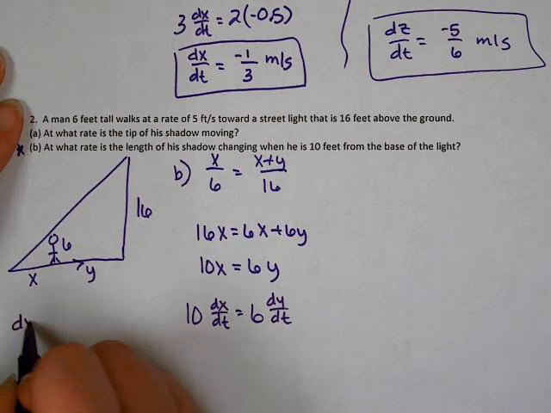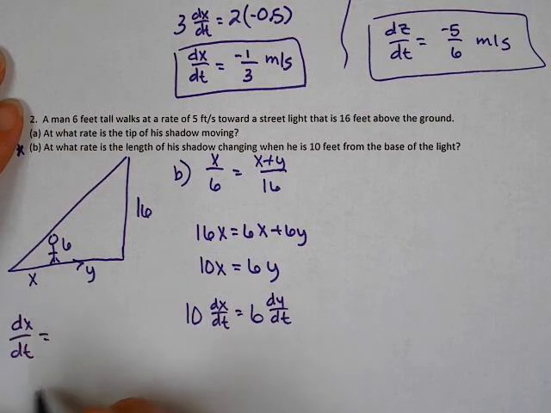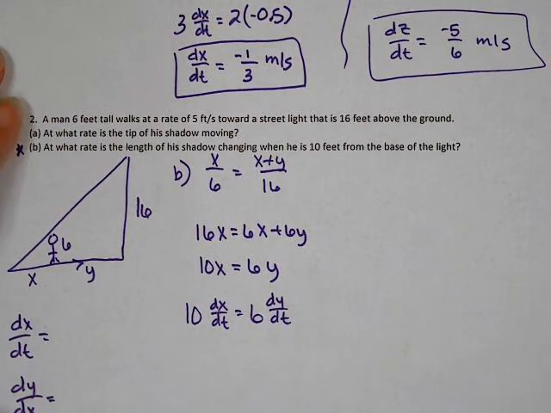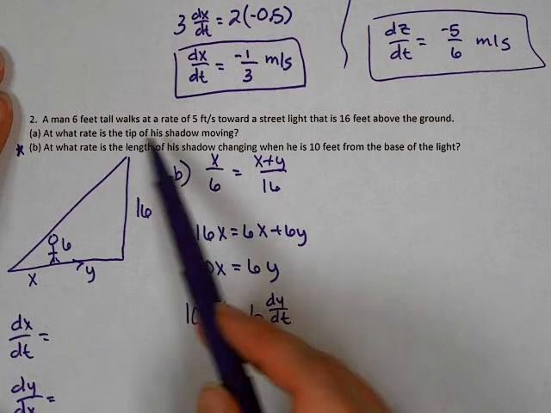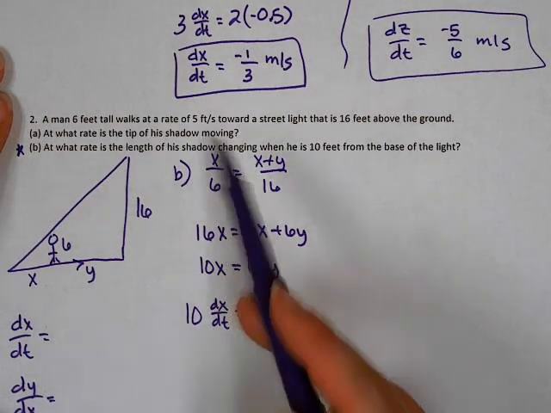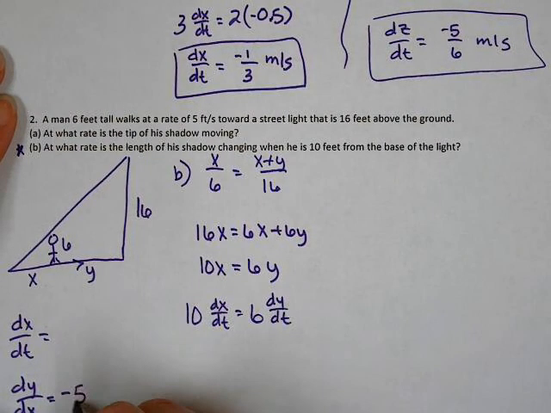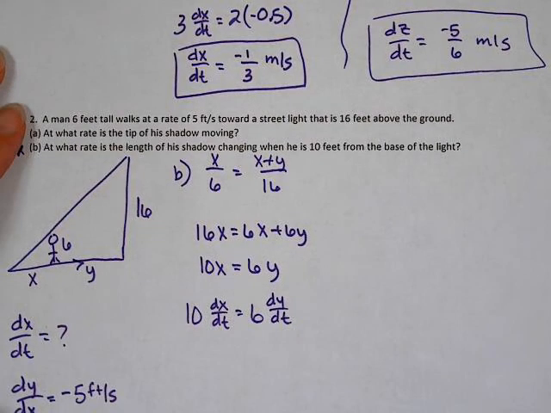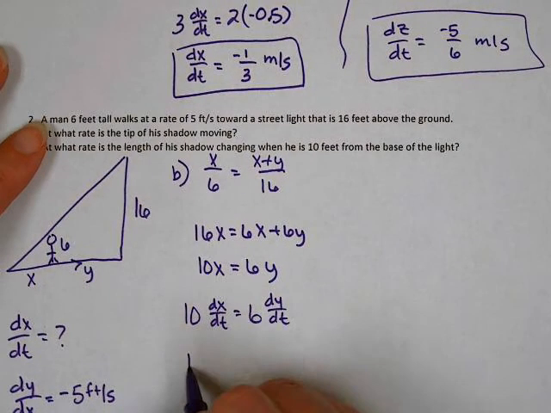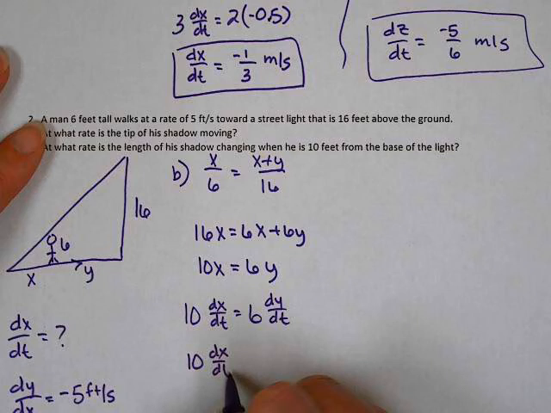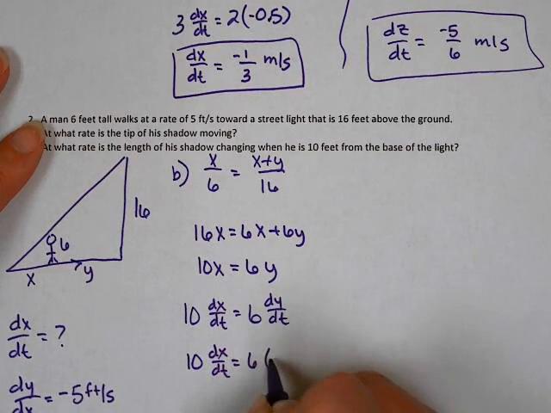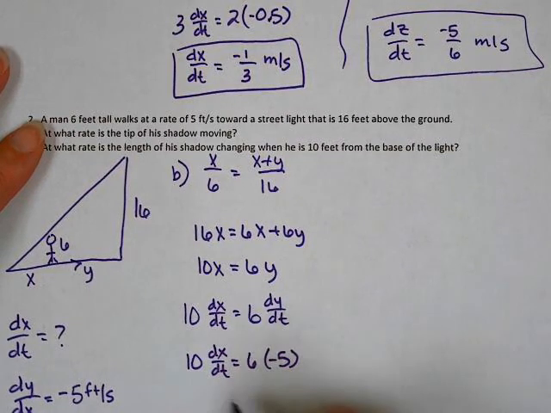If I need dx/dt and dy/dt, we need to talk about what those mean. He's walking in at a rate of 5 feet per second, so that's dy/dt, and it's going to be negative. And dx/dt is what I'm looking for. So 10 dx/dt is equal to 6 times negative 5.